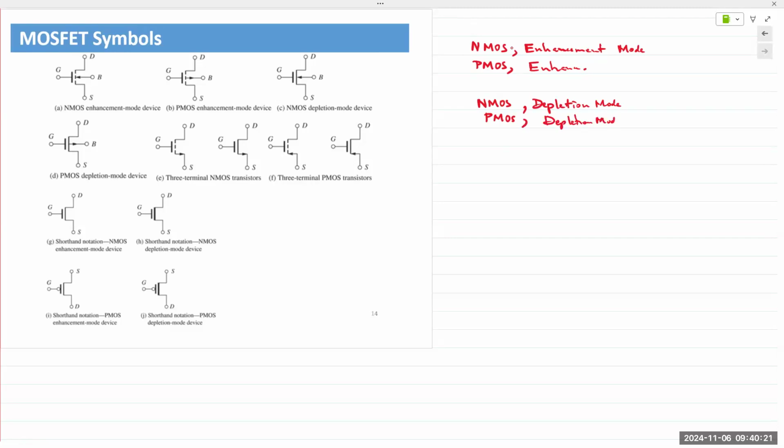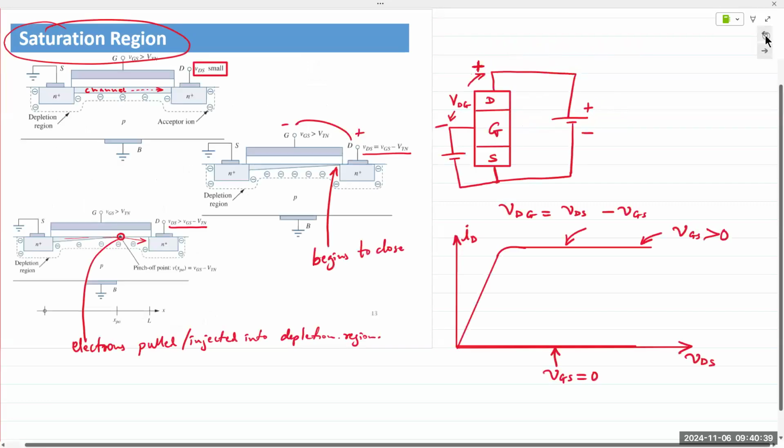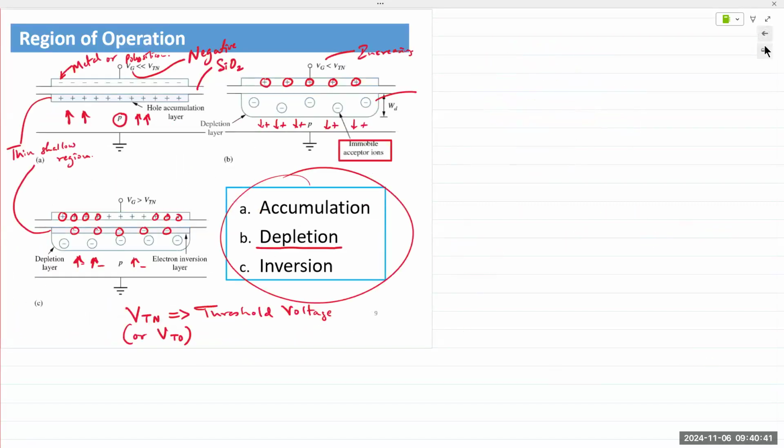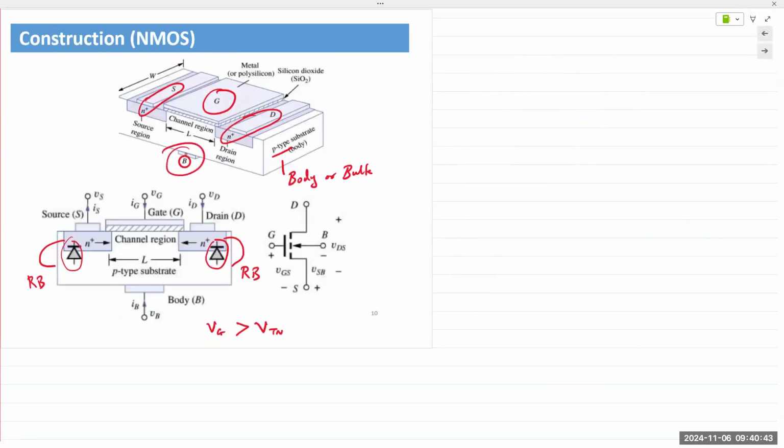So here's how you remember these. There are 3 terminals: drain, source, and gate. There's a 4th terminal added for the bulk or the body of the substrate, known as B. Remember from the early slide? B connects to the body of the wafer.